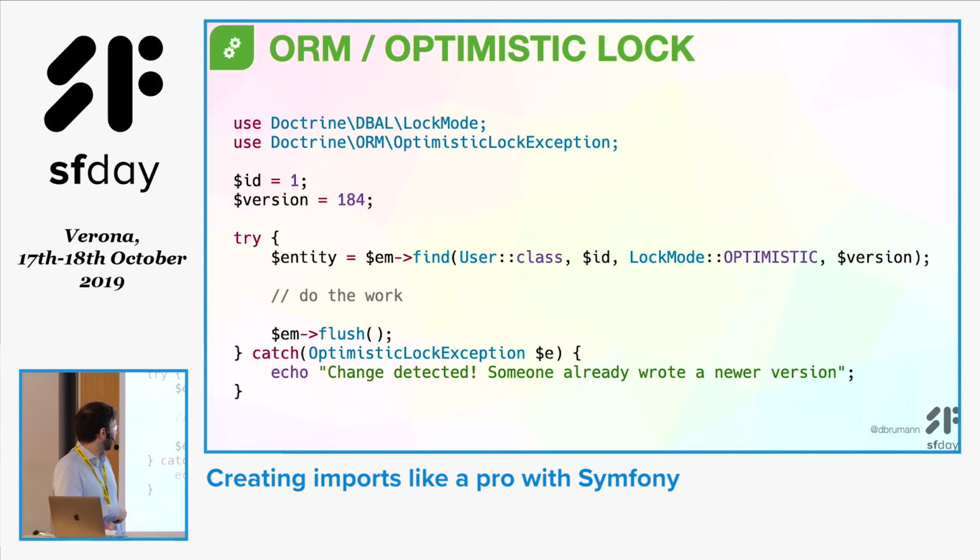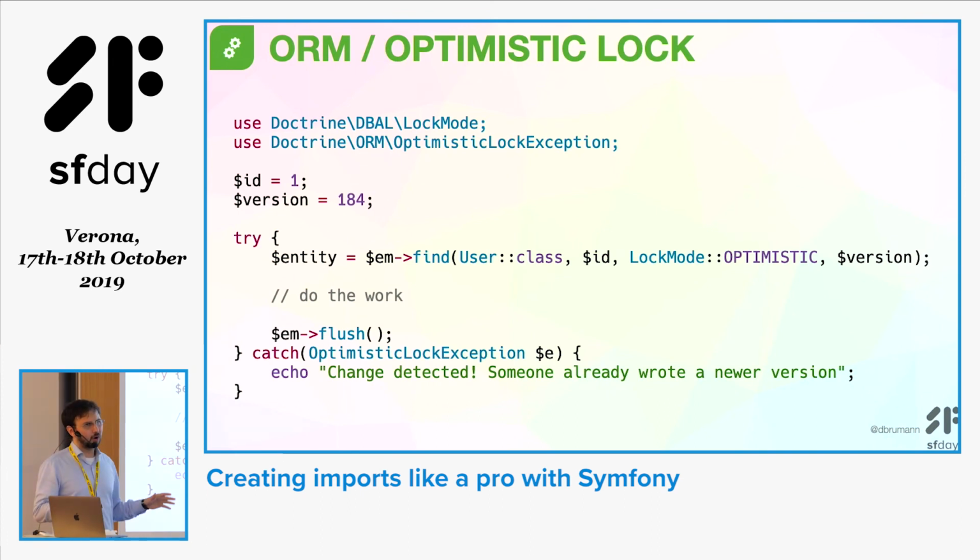But as soon as you want to flush something, and the version got out of sync, so I asked for version 184 because that is the initial one that I got, and someone else wrote something in there, I will get an exception saying, sorry, the version that you are working on is not there anymore, there's something newer. With that exception you can react by fetching the newer data and displaying it, and the user has to then decide how to reconcile the different versions. This is basically optimistic locking.